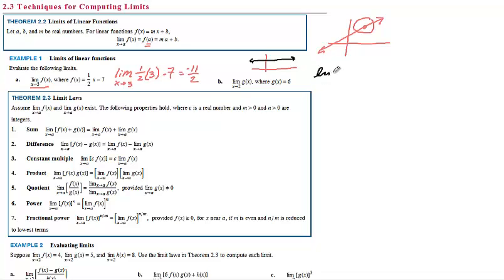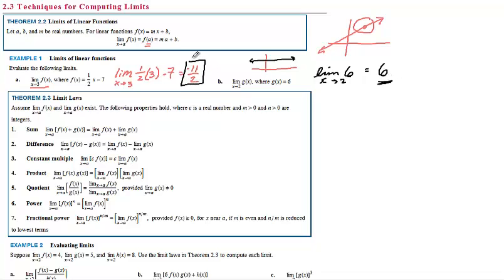I can do the same exact thing. I take the limit as x goes to 2 and I plug in a 2, but it doesn't really matter where I'm at. If I'm at 2, 3, 4, or 5, this thing is still 6. And there's the answer to the B part.